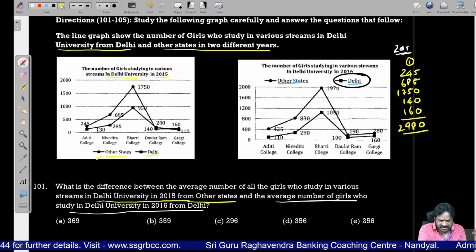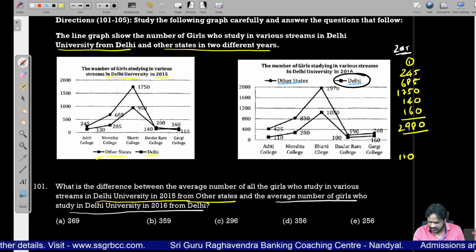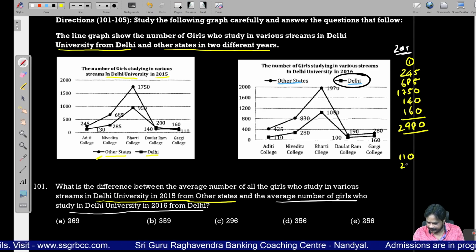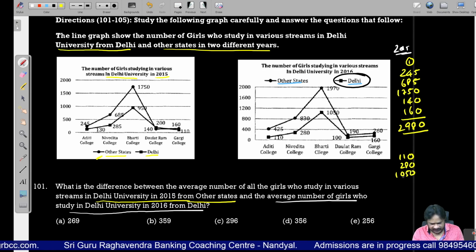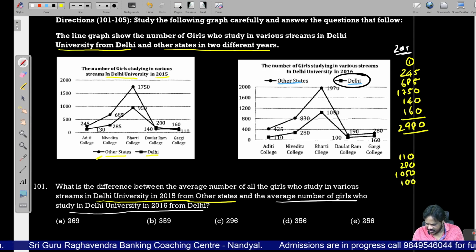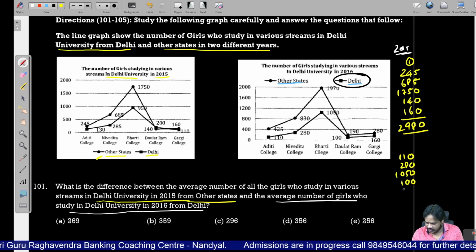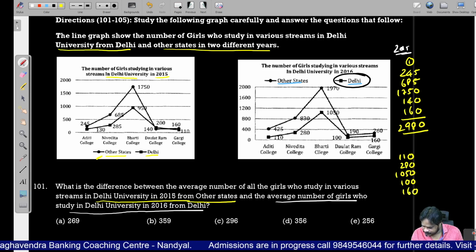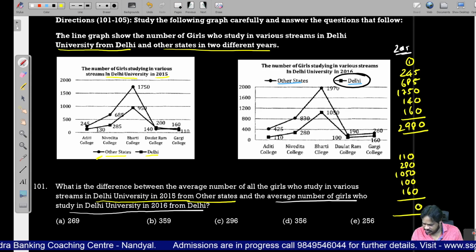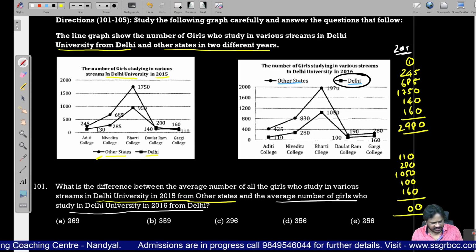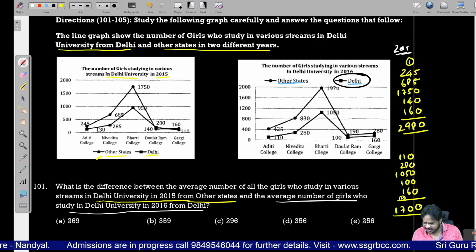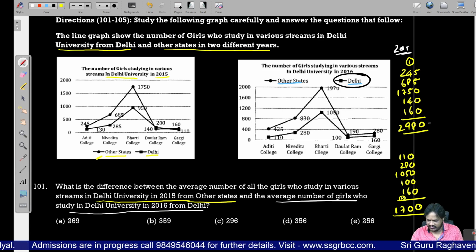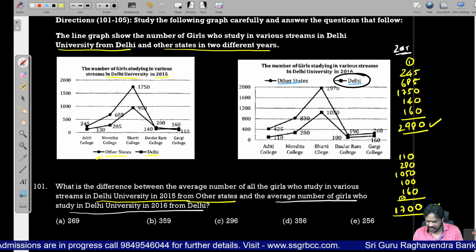So let us take the calculation: 110, 280, 1050, 100, then 160. It is 1700. So one we got 2980, one we got 1700.